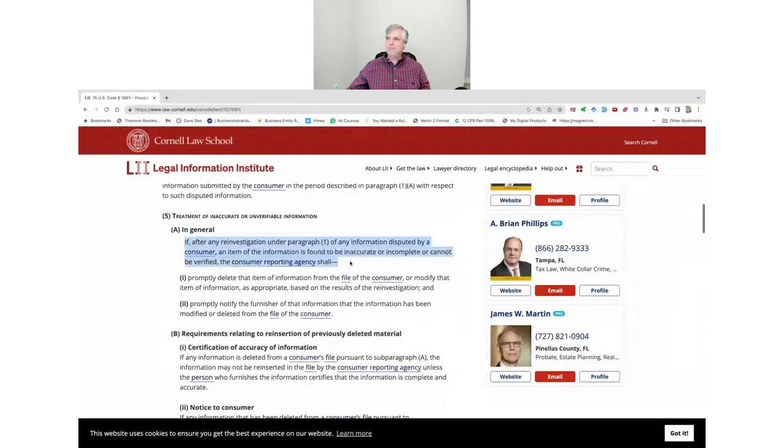If after any reinvestigation, an item is found to be inaccurate or incomplete or cannot be verified, then promptly delete. Okay, so that's one option, delete. Modify is two. Okay, so that's why we get to this idea you either fix it or you delete it. Now the furnisher has the same option, they can fix it or delete it.